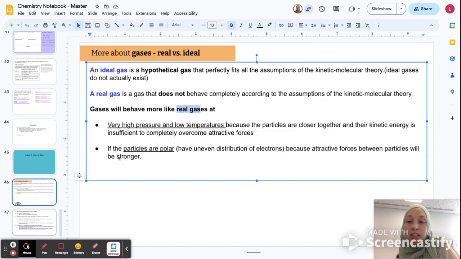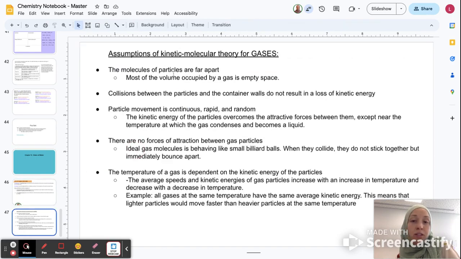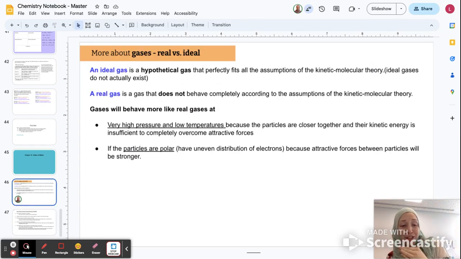Why is that? Well, we are also assuming that the molecules and the particles are far apart. And if we have a lot of pressure, are our particles far apart? No, right? And if we have low temperatures, also our particles are closer together and we have more attractive forces.